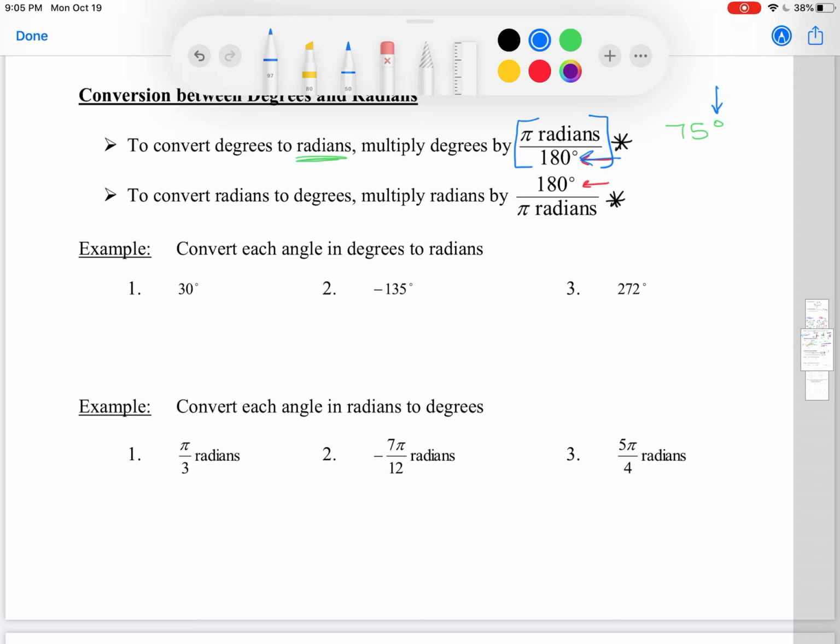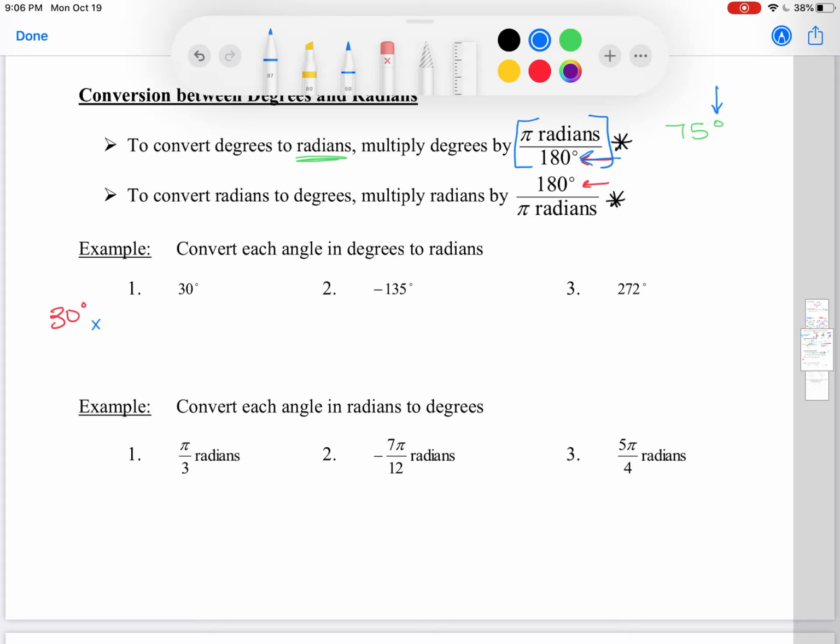You're going to need your degrees to cancel with each other. So that, if you can't remember the formula, that's a good way to remember. If you have degrees to start with, then you're going to have degrees in the denominator so that they will cancel each other out. And I will show that in example 1 here down below.